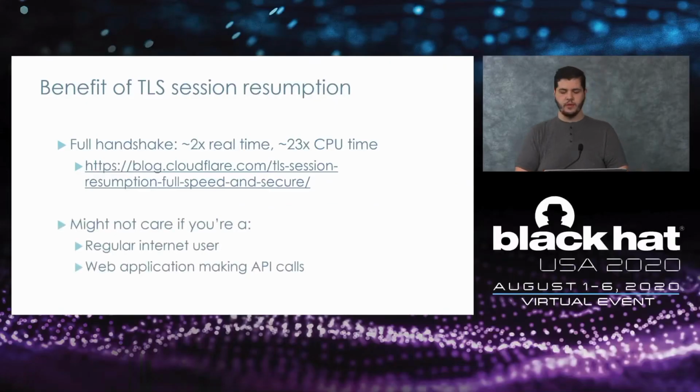But if you're like me, you don't care. I'm taking on all of the security and privacy risk as just a regular internet user, but the amount that it actually saves on my power bill is probably pretty minimal.